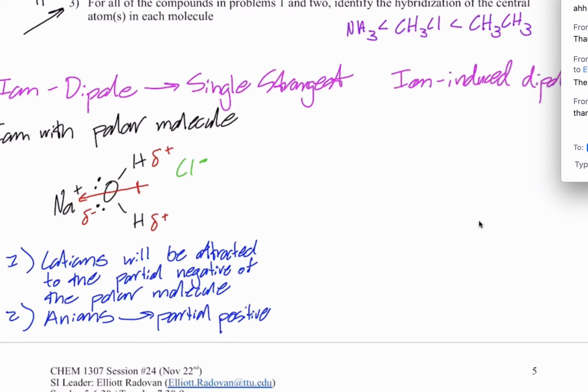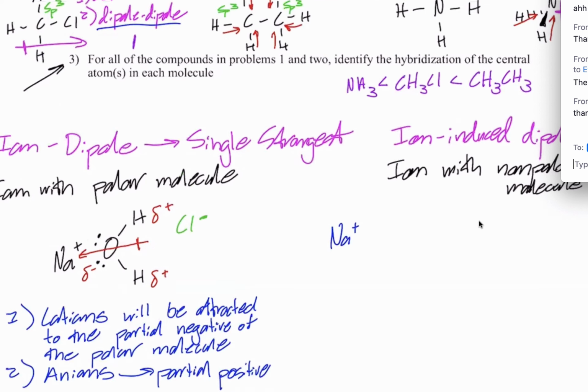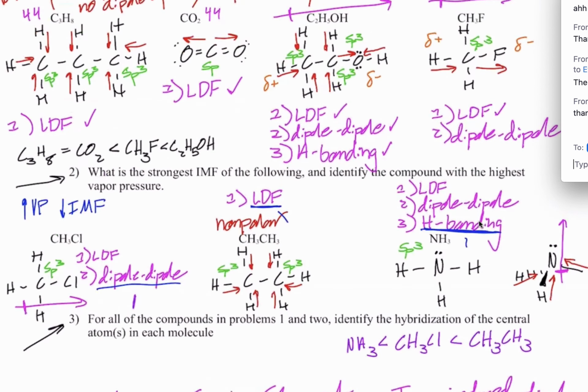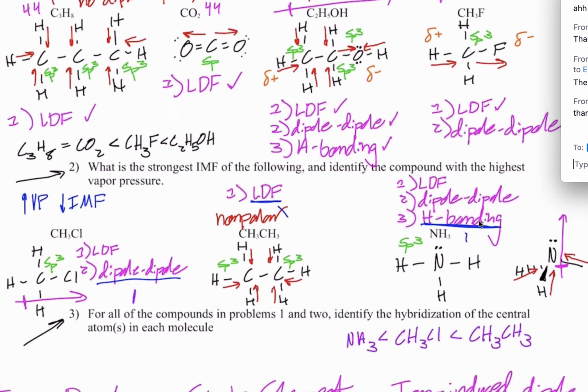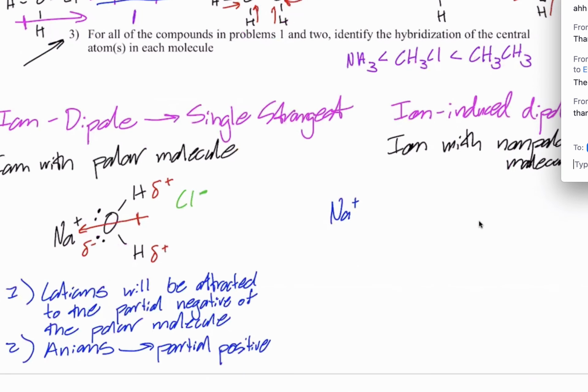Okay, so this time we're pairing an ion with a nonpolar molecule. Okay, so let's pair an Na+ with, let's see, which one of these was nonpolar? Let's do CO2.